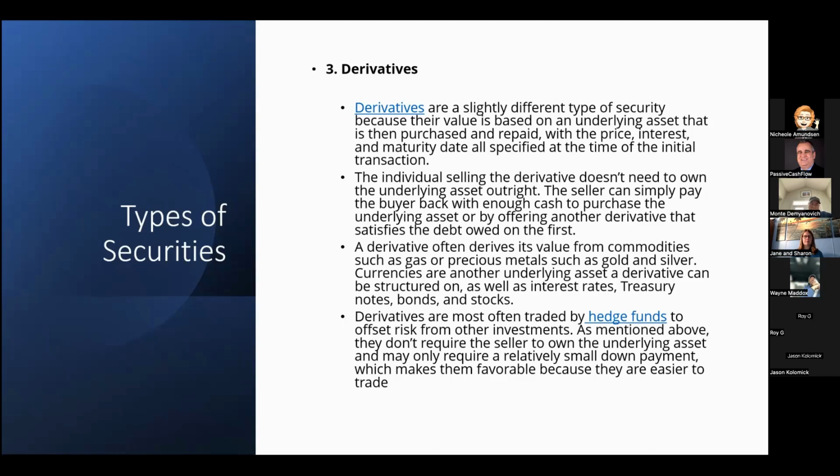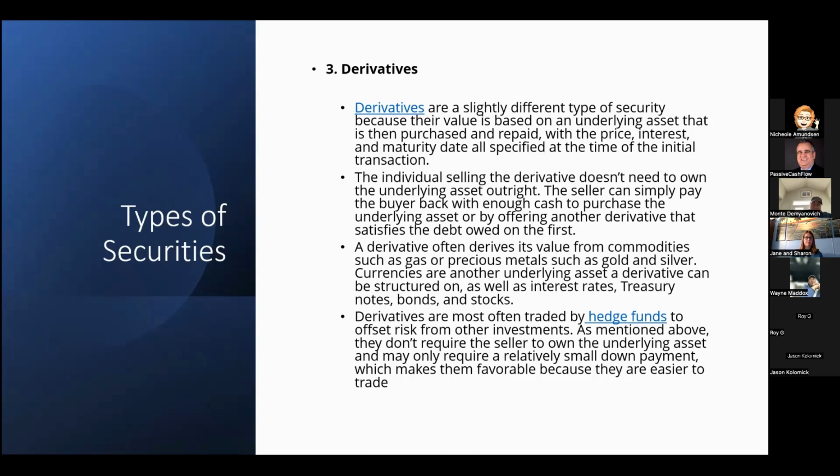So real common types of derivatives are commodities like we just talked about, also gas and precious metals, where we are guessing that the price of natural gas right now is a such and such amount, and it's going to go up.